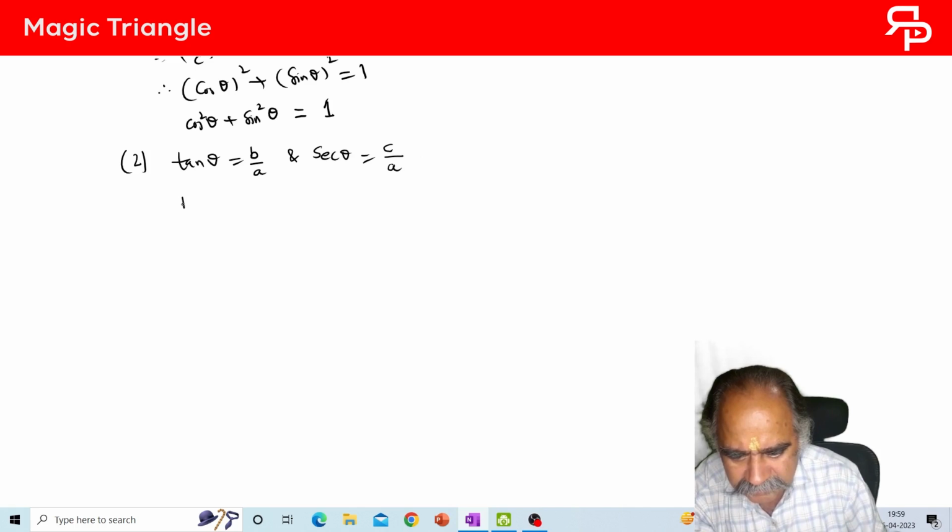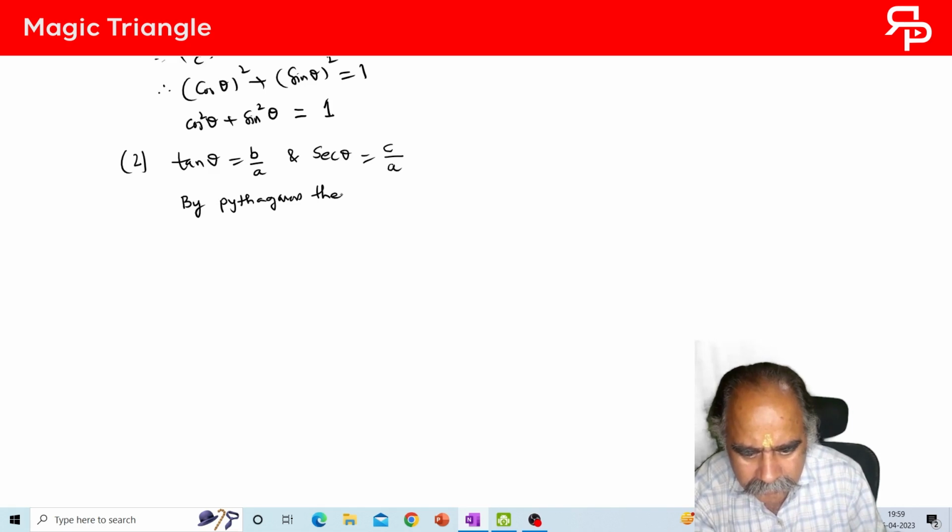By Pythagoras theorem, A square plus B square is C square.